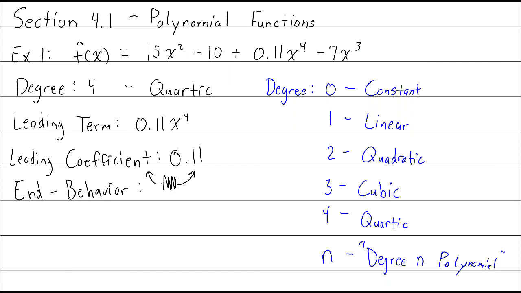All right, so that basically is everything we need to know about that, I believe, right? We got the leading term, the leading coefficient, the degree, and we classified it as a quartic. Let's do another example. So example 2. Let's find all those things for this function here.